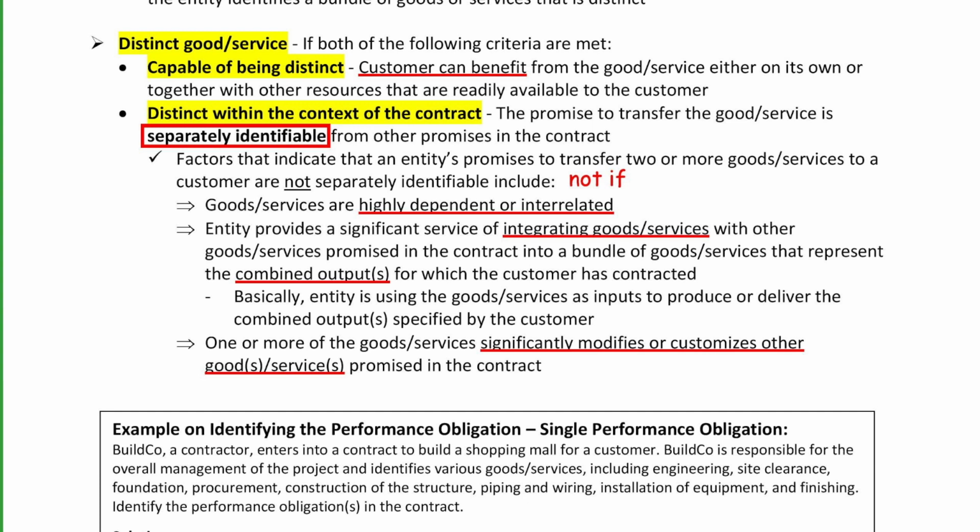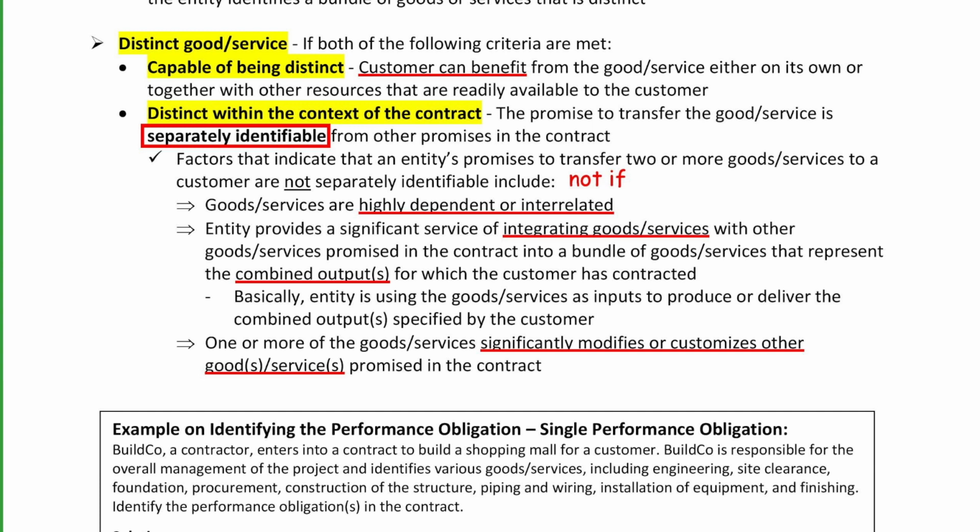So guys, in step 2, when we are identifying the performance obligations in the contract, we need to look out for distinct goods or services, which are number 1, capable of being distinct, and number 2, distinct within the context of the contract, which means separately identifiable.